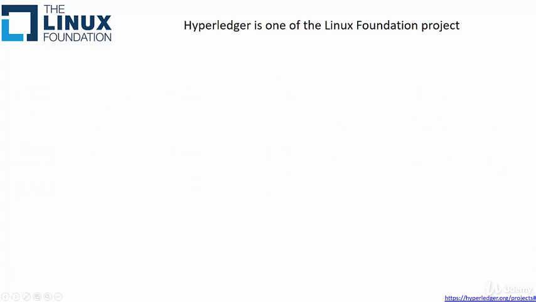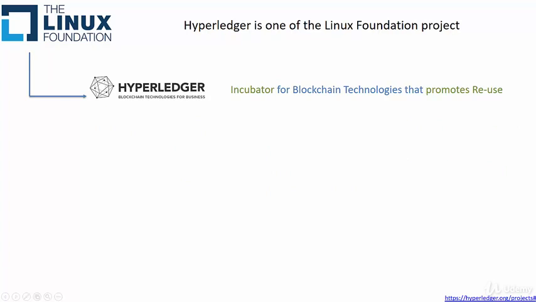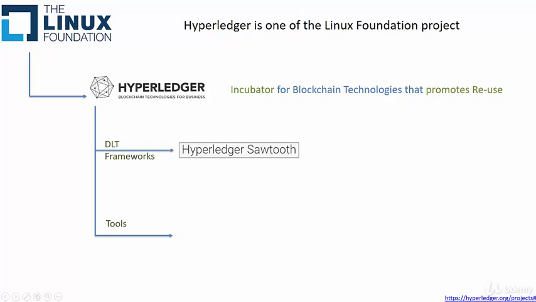Under Linux Foundation, Hyperledger is the incubator for blockchain technologies for business. All of the Hyperledger initiatives are put in one of two categories. The first category is the DLT frameworks, and the second category is the tools. There are four active DLT framework initiatives. Sawtooth is led by Intel. Iroha is led by Soramitsu.